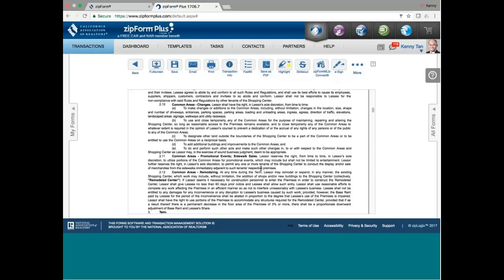That means if any particular tenant wants to use part of the sidewalk to promote its product, with the permission of the landlord, the landlord has the right to allow these things to happen. So if you're not happy about your neighbor doing that, you don't have the ability to prevent it because the landlord actually has the discretion to allow it.